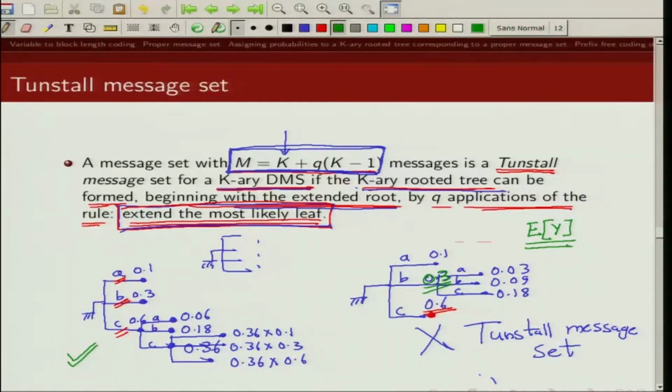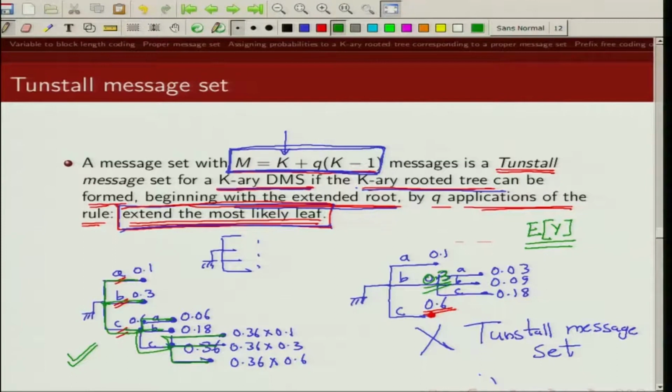Now what is the expected value of Y? What is Y? Y is essentially the length of this parse sequence, the average length of the parse sequence. So in this case you are parsing the sequences like this: A, B, C, A, C B, C C A, C C B, C C C, like that you are parsing, right? So what is the expected value of Y?